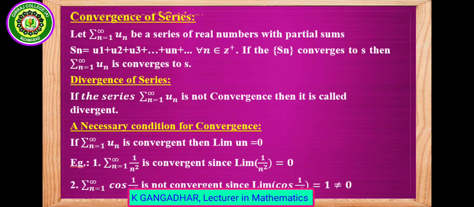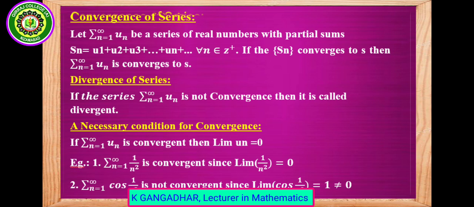So this is the definition of convergence of a series. Now, divergence of the series. If the series sigma Un is not convergent, then we say that it is divergent.